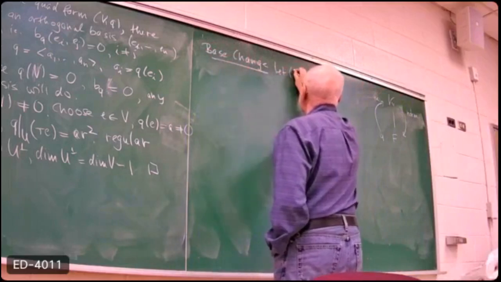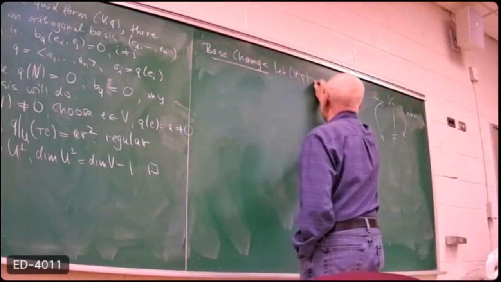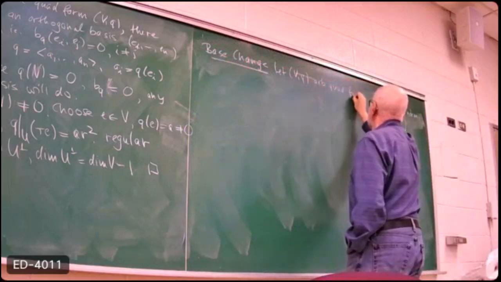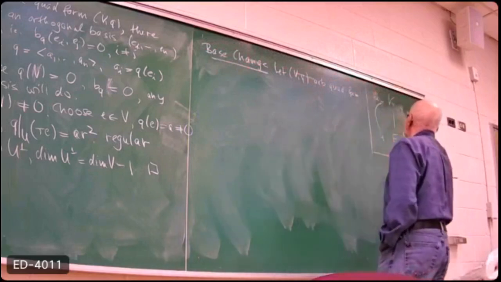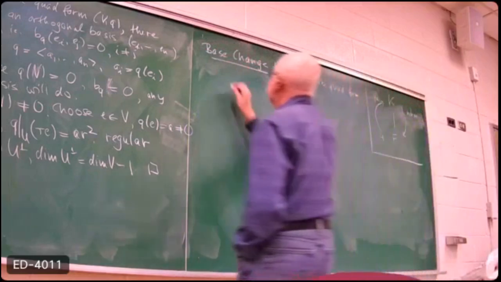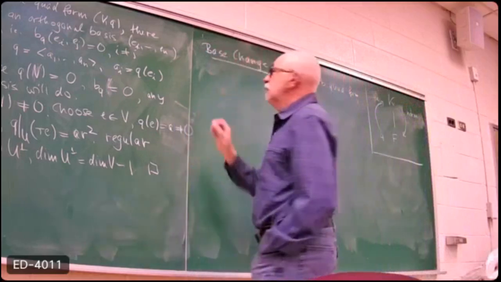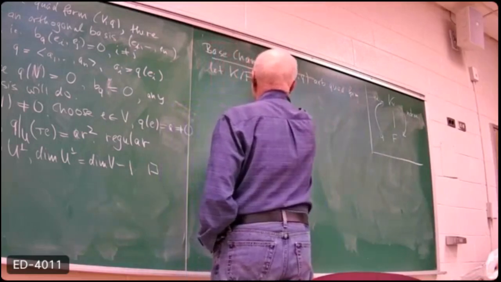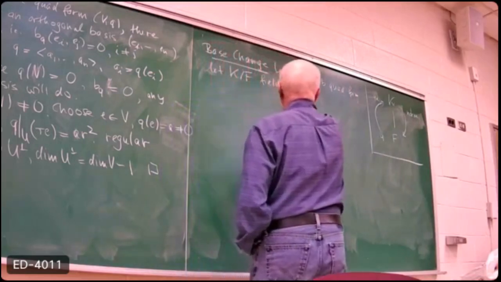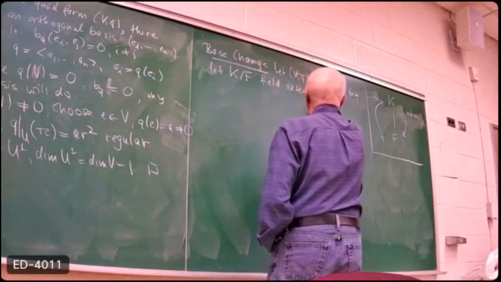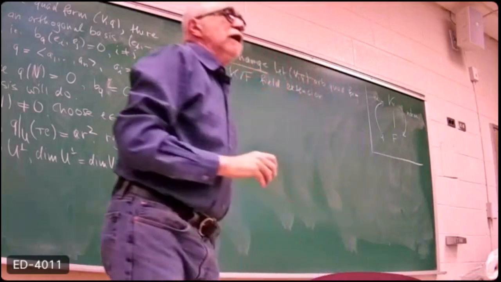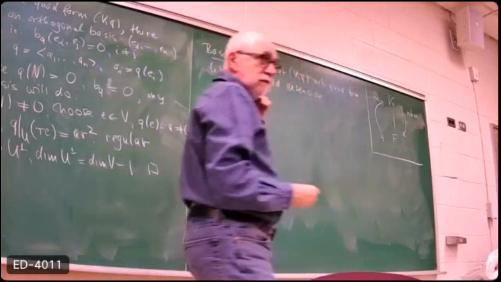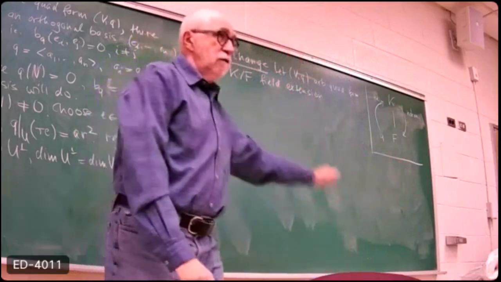So let Q be an arbitrary quadratic form, and let K over F be a field extension. Then the goal will be to construct a quadratic form over K.